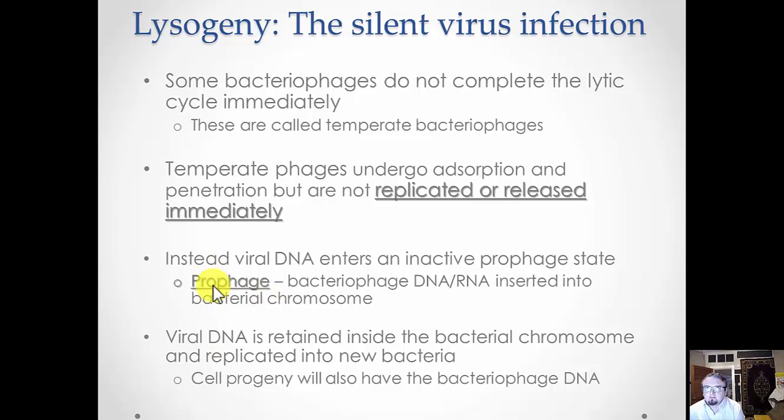In this case, the dormant information in the cell is called a prophage. A prophage is similar to a provirus. This is in reference to the fact that it's a phage virus as opposed to any other kind of virus. It's basically the bacteriophage DNA inserted into the chromosome, and is then integrated into the bacterial DNA.